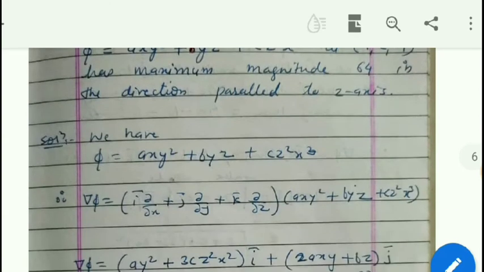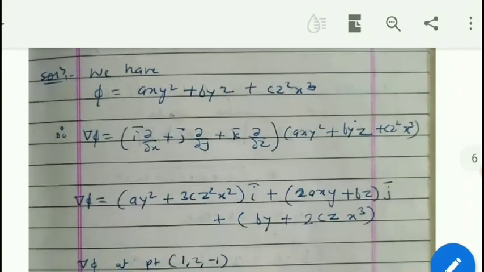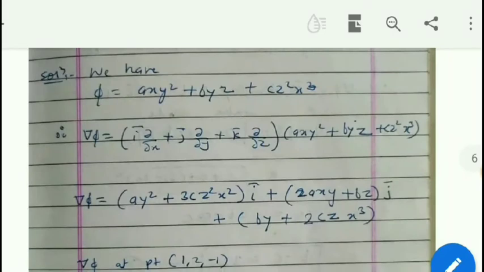So first write phi equals a x square y plus b y square z, b y z, plus c z square x cube. Calculate del phi, which means differentiate this function partially with respect to x, y, z.